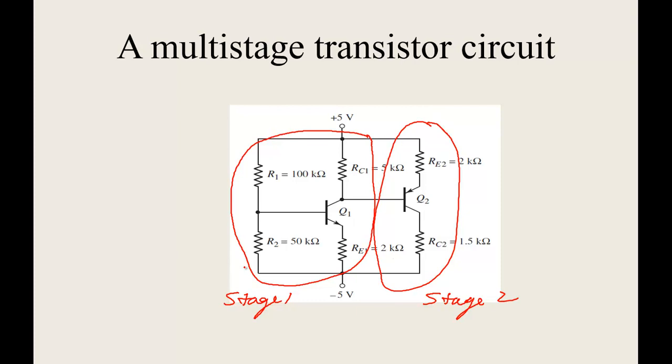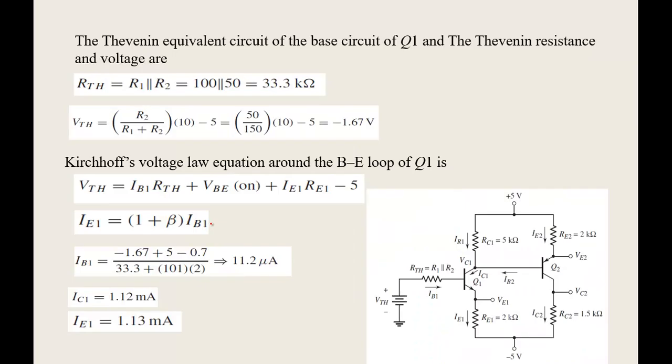Okay. So when you do the stage 1 and stage 2 analysis, basically what you do is first do all the DC analysis of the first stage separately, and then go to the second stage separately. Now look at this one. This is the DC analysis circuit. You can see IR1 is flowing, IE2 is flowing, IB2 is flowing over here because this is a PNP transistor.